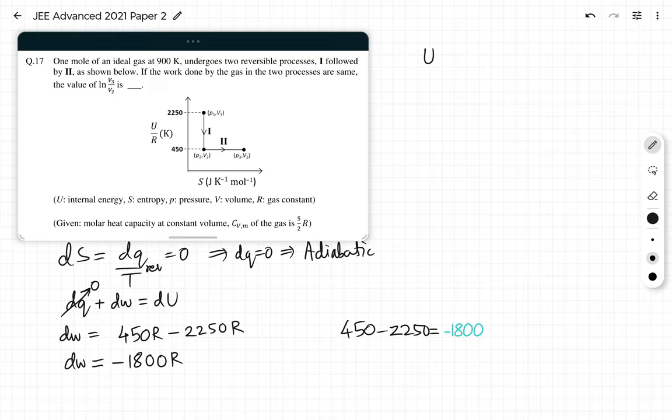So we know that U is nCvT, and n is 1, Cv is 5 by 2 R, given. So from the value of U by R, which is 450, we can calculate the temperature.